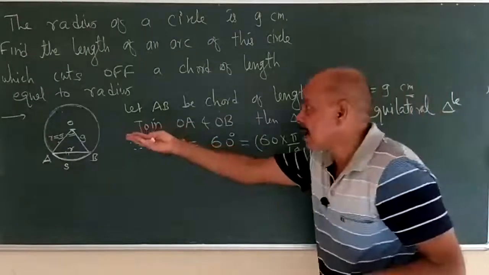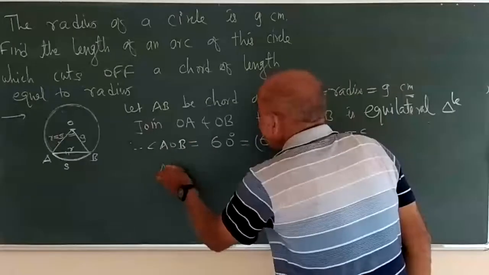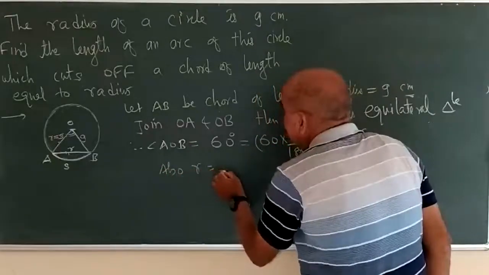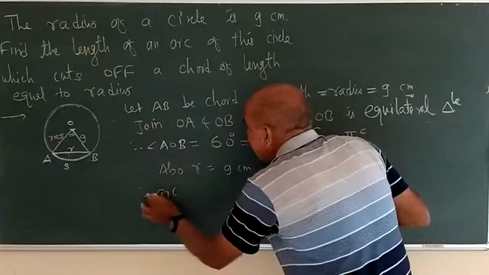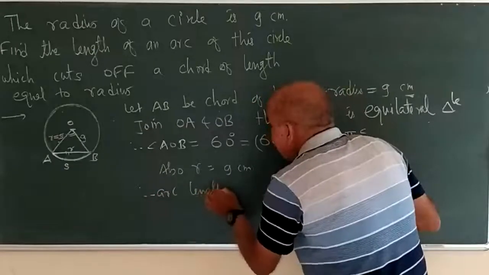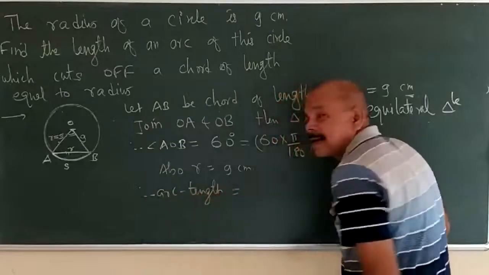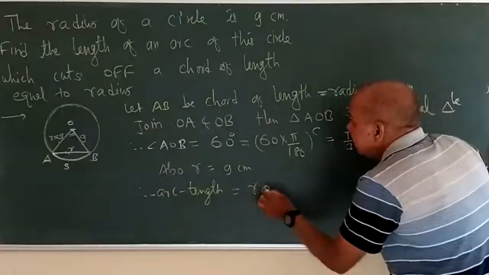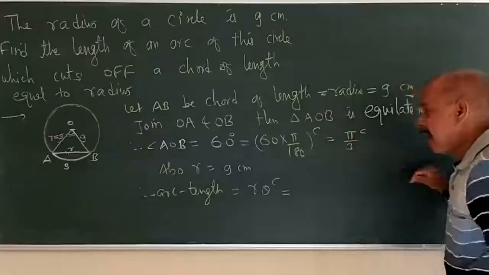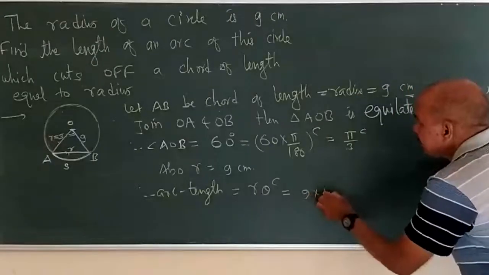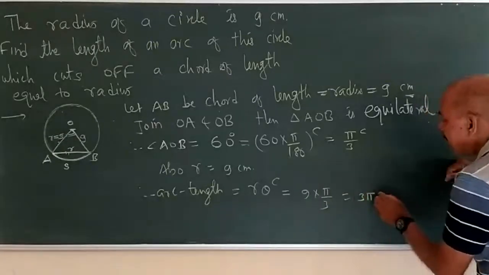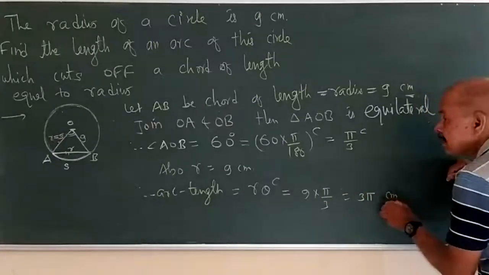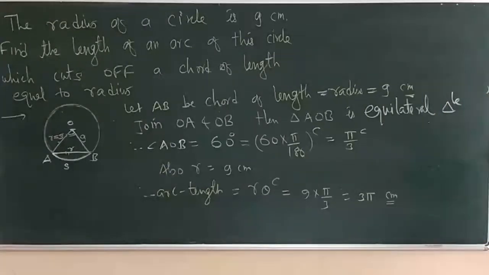Once you know the central angle, you know also the radius, given R to be 9 centimeter, and therefore what is the arc length? Formula is arc length equal to R into theta radian. R is 9 into pi upon 3, and that is 3 pi centimeter, because it is arc length. In this way, very simple problems.